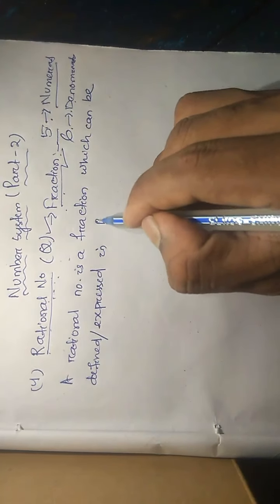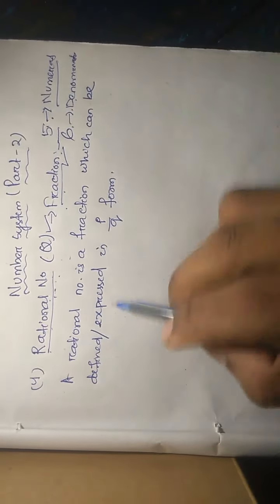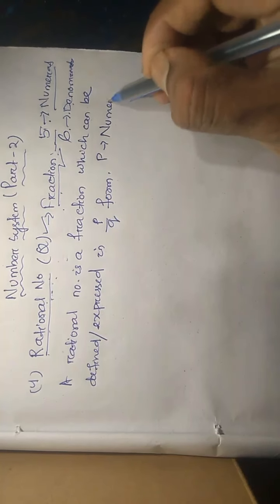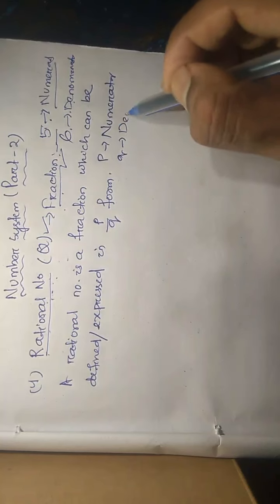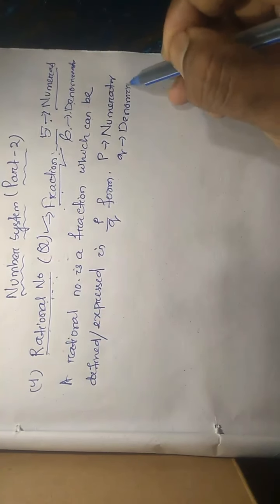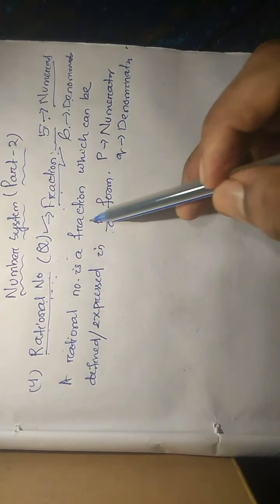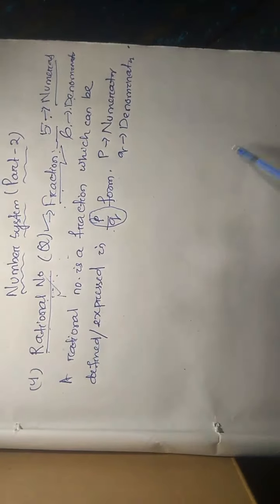In numerator by denominator form, or we can say can be expressed in P by Q form, where P is known as numerator and Q is known as denominator. So any number which can be expressed in P by Q form is called a rational number.